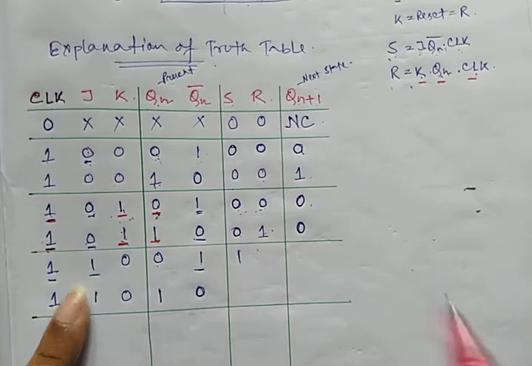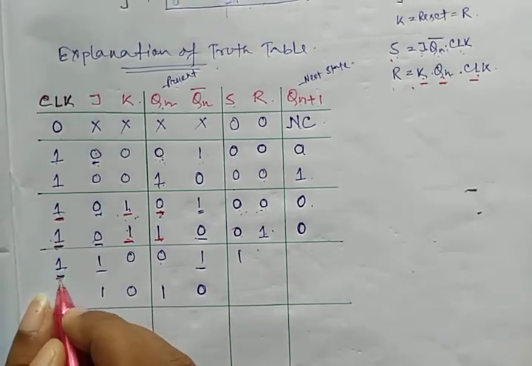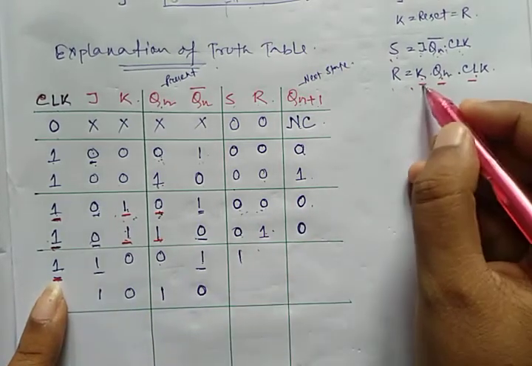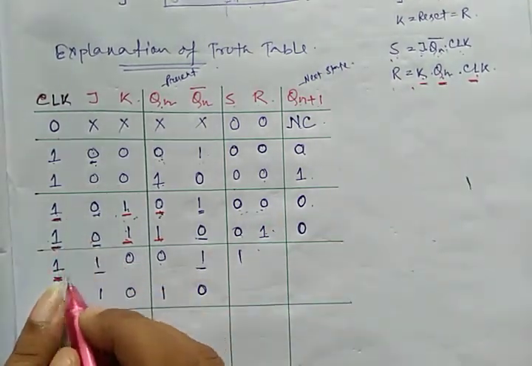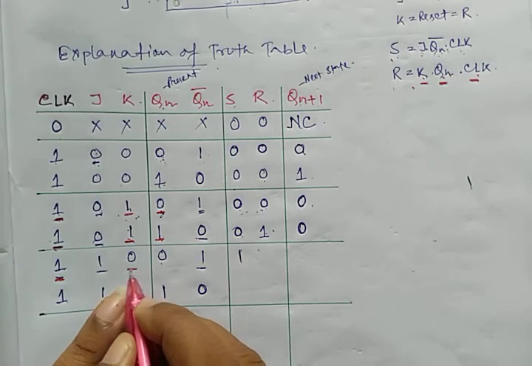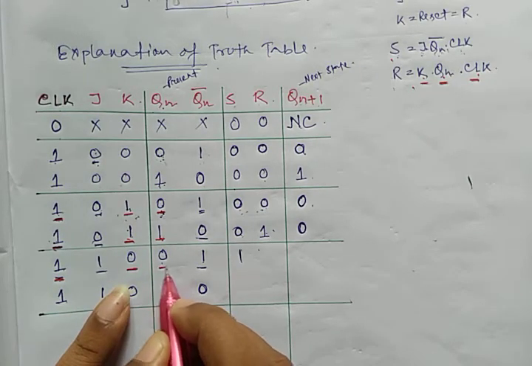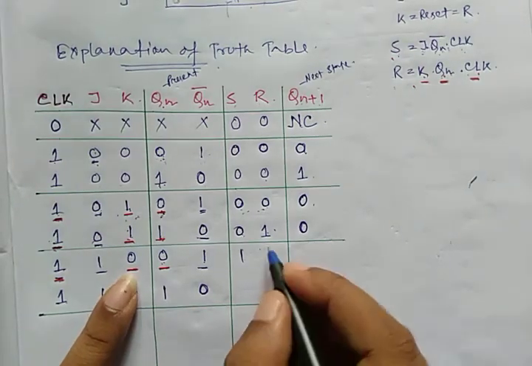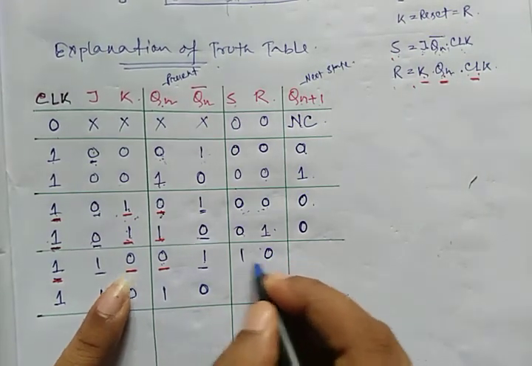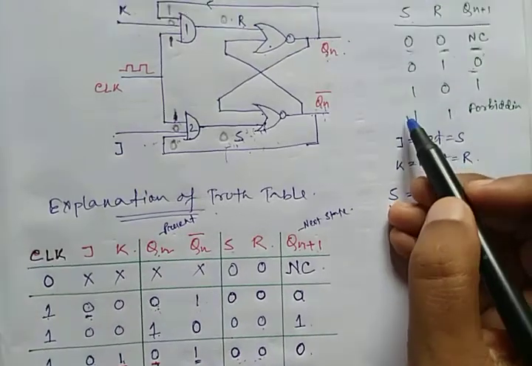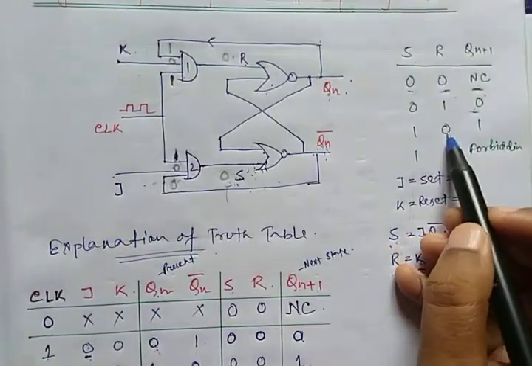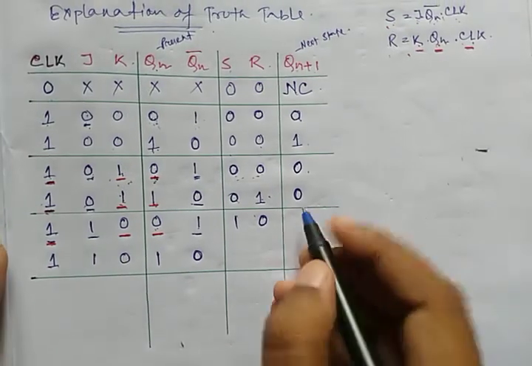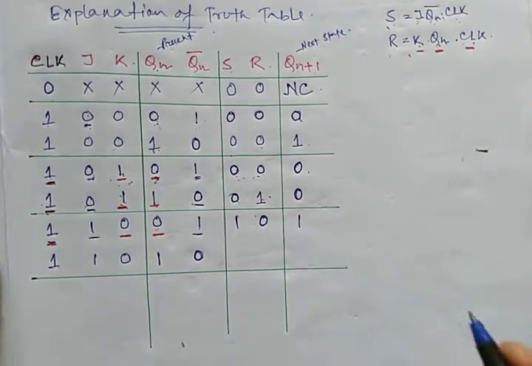And for R, we get K, Qn, clock. Clock is 1, K is 0, Qn is 0. So one input signal is 0 for the AND operation. Output will be 0. Now for 1 0 check. 1 0 means for the NAND latch output is 1. So output is 1.